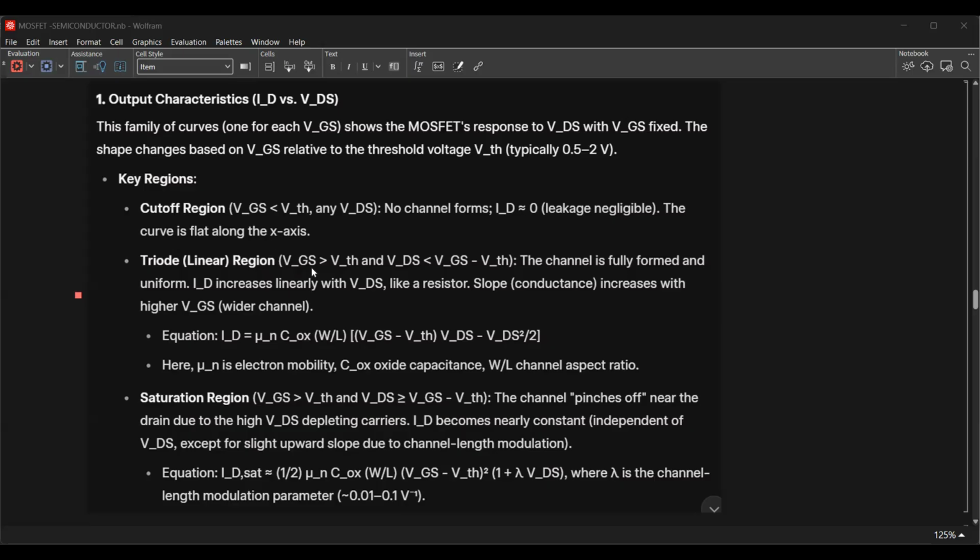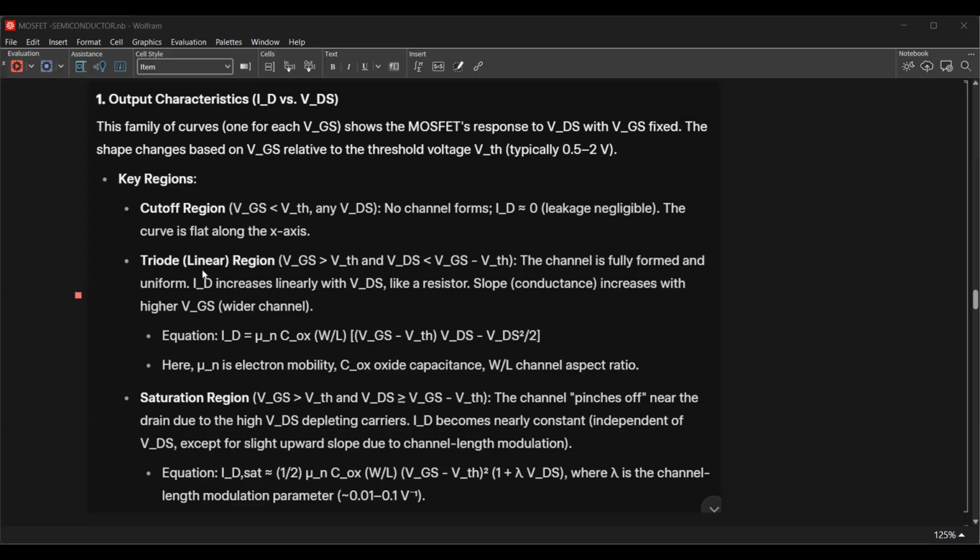So we have the key regions here. For the cutoff region, VGS is less than VTH, so no channel forms. The drain current is equal to zero, leakage negligible. So the curve is flat along the x-axis.